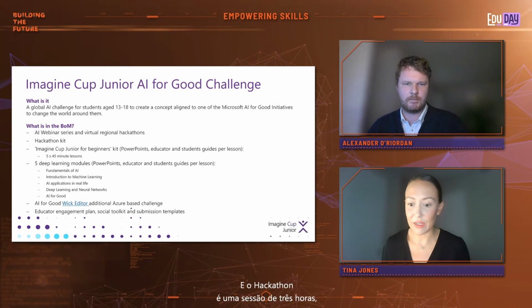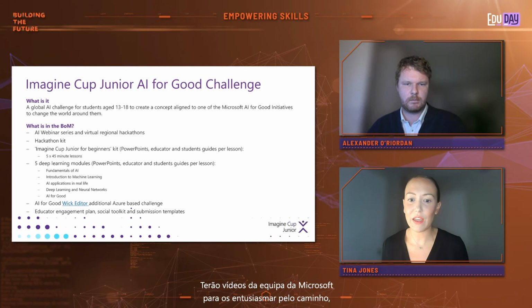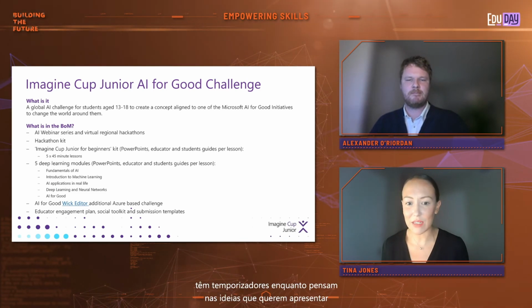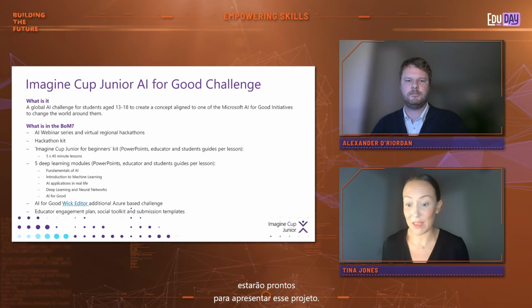And then the hackathon is a 3-hour session where students will build out their project. They'll have videos from the Microsoft team to excite them along the way. They'll have timers as they brainstorm through what ideas they want to come up with. And by the end of those webinars and hackathons, they will be ready to submit their project. So a super easy option.